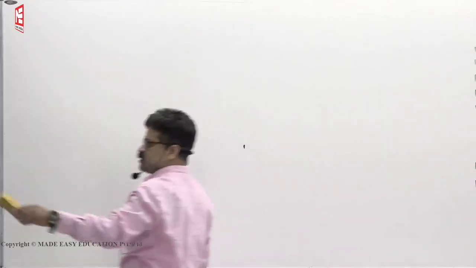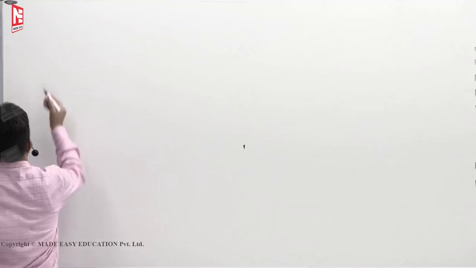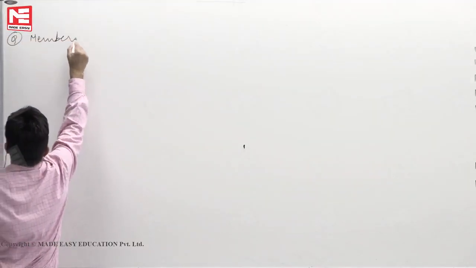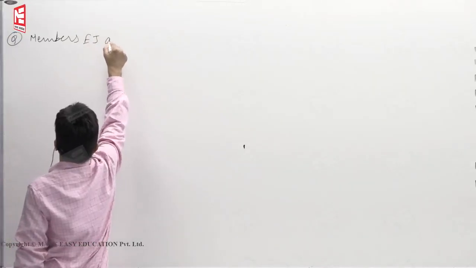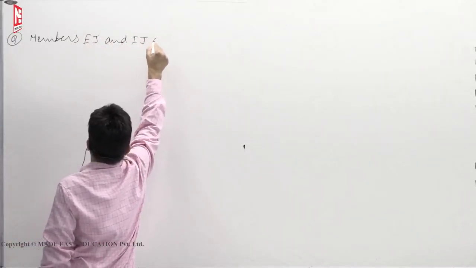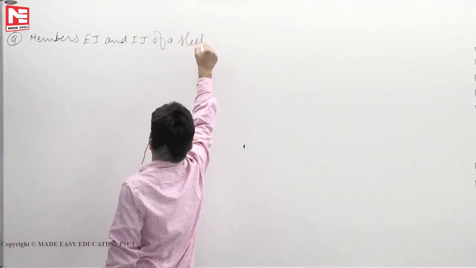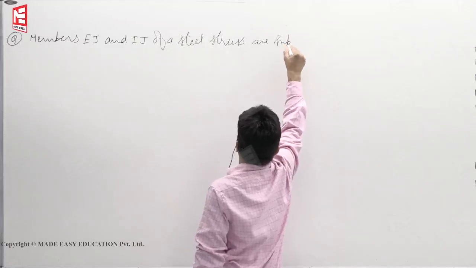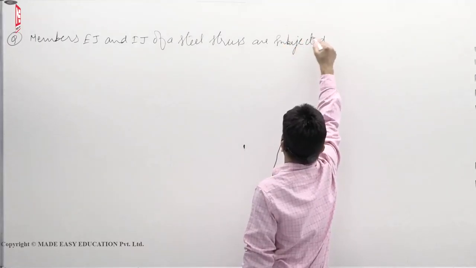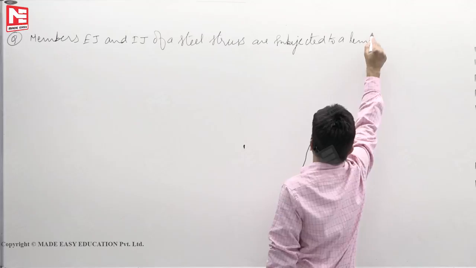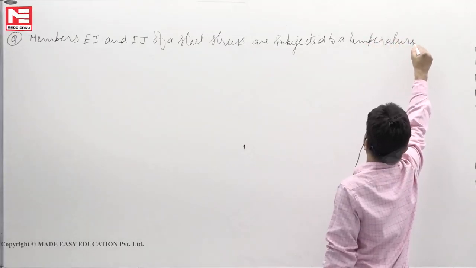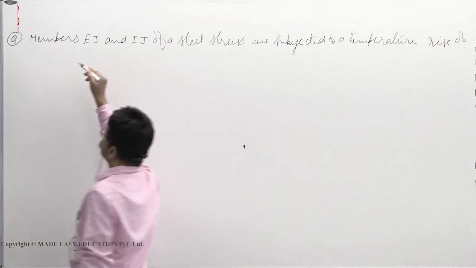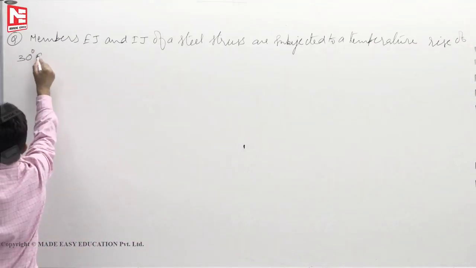Okay. Now on the second application, we will take a question. Members EJ and IJ of a steel truss are subjected to a temperature rise of 30 degrees centigrade.